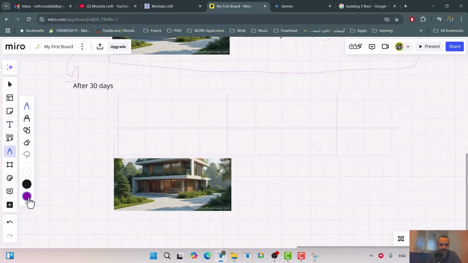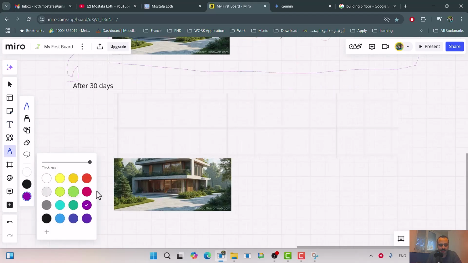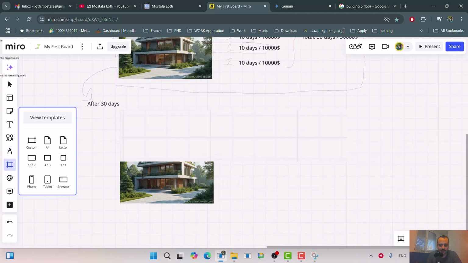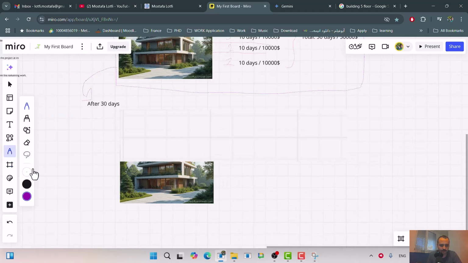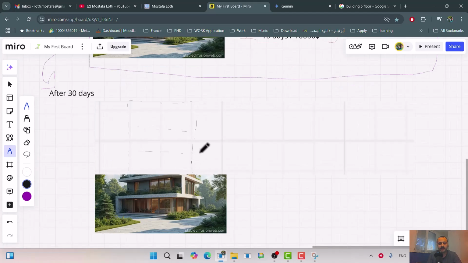So basically the rest of the floors, floor 3, floor 4 and floor 5, are not completed.